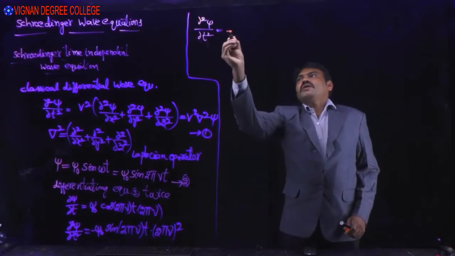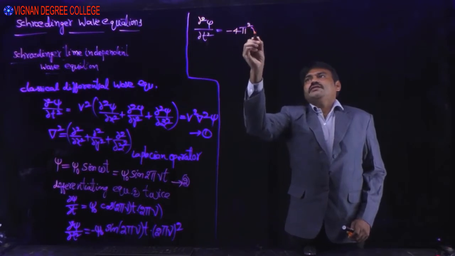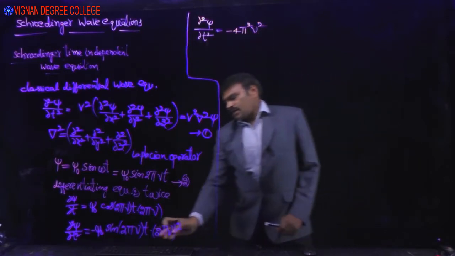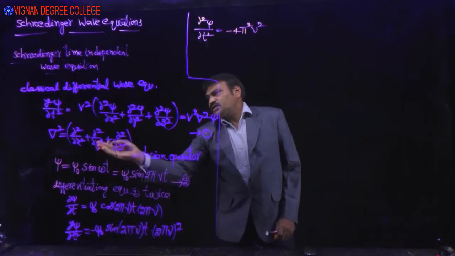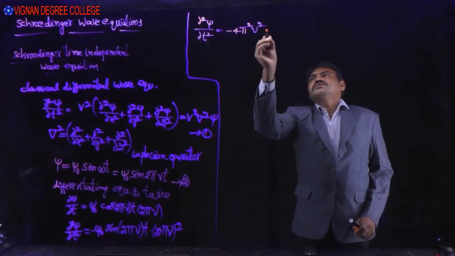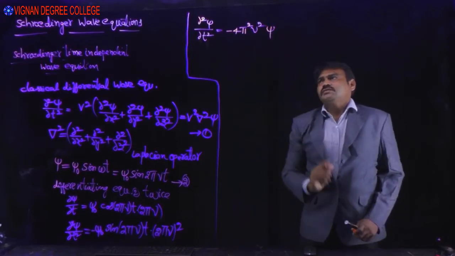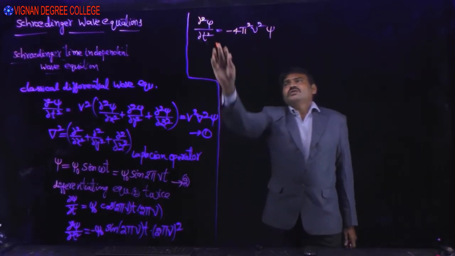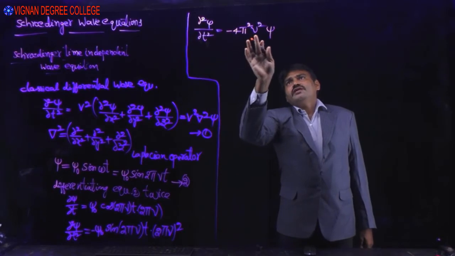This is equal to minus 4 pi square nu square, again psi naught sin omega t, which is nothing but equation 2, that is psi. So dou square psi by dou t square is equal to minus 4 pi square nu square psi.